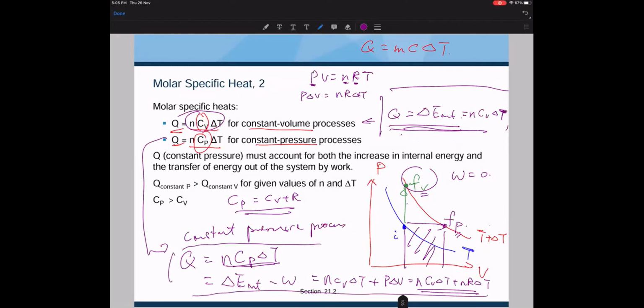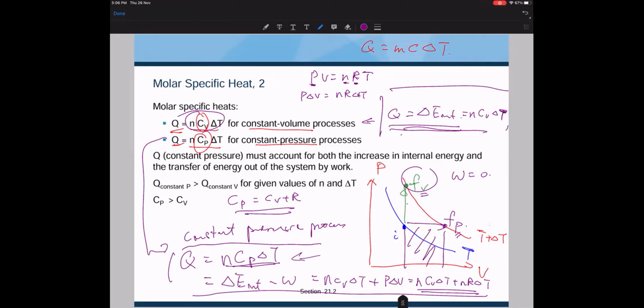Yeah, you could just take a quick picture of this slide using your camera and try to understand what it is. The main reason is because you have the definition of Q equals nCp delta T in a constant pressure process.